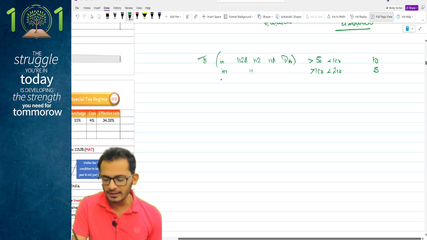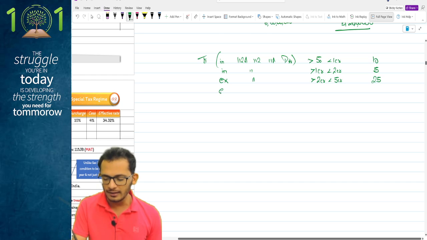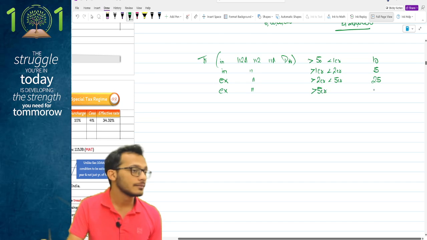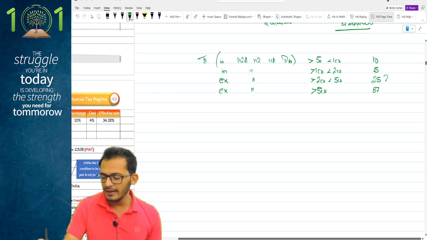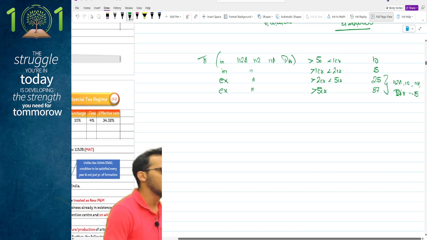If the total income excluding 112A is more than 2 crores but less than 5 crores, it is 25. And if the total income excluding so much is greater than 5 crores, it is 37. For any of these scenarios, 112A, 112, 111A, special dividend will become taxable at 15.